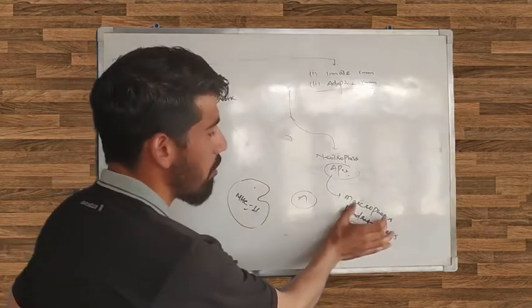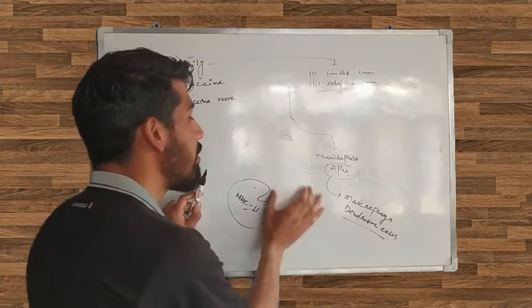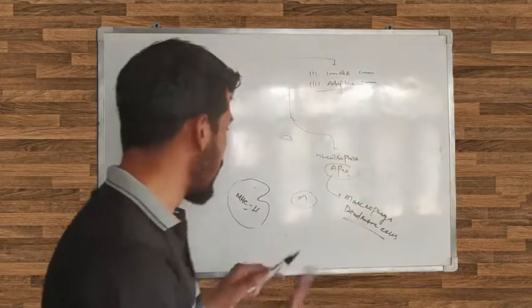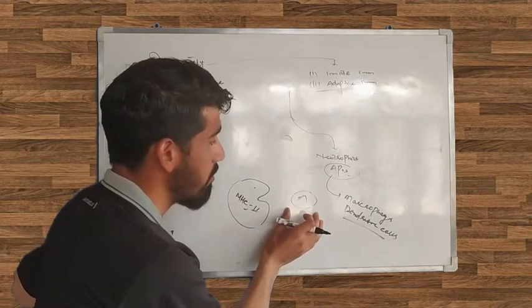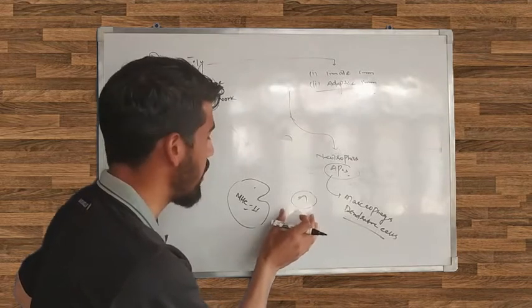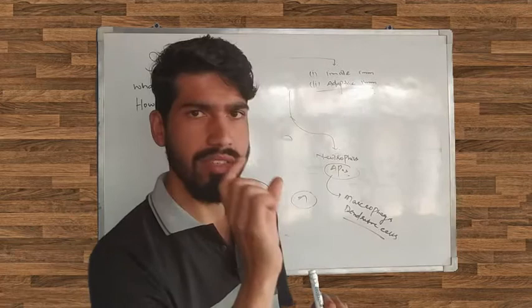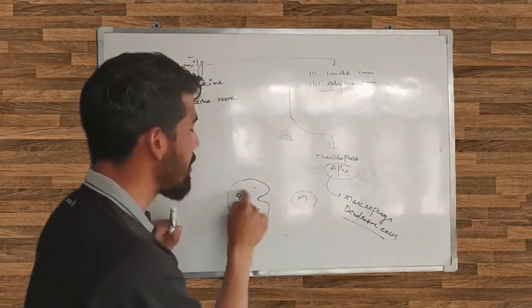When the macrophage or these APCs engulf the antigen or foreign particle, they destroy or kill it. Then a piece of the antigen is loaded on MHC class 2.